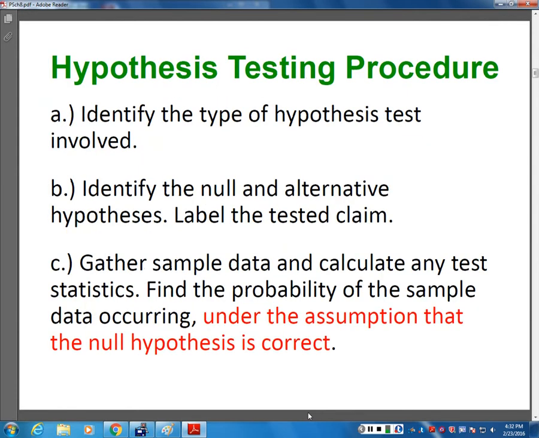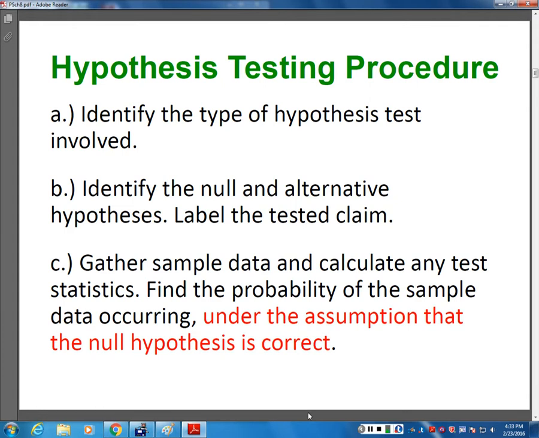Here's an overview of the procedure we'll be using to do that. The first step is to identify the type of hypothesis test that's involved. We'll be studying three in particular: a z-test, a t-test, and a one proportion z-test. We'll then identify the null and alternative hypotheses. We'll label them, and we'll label which one is the tested claim.